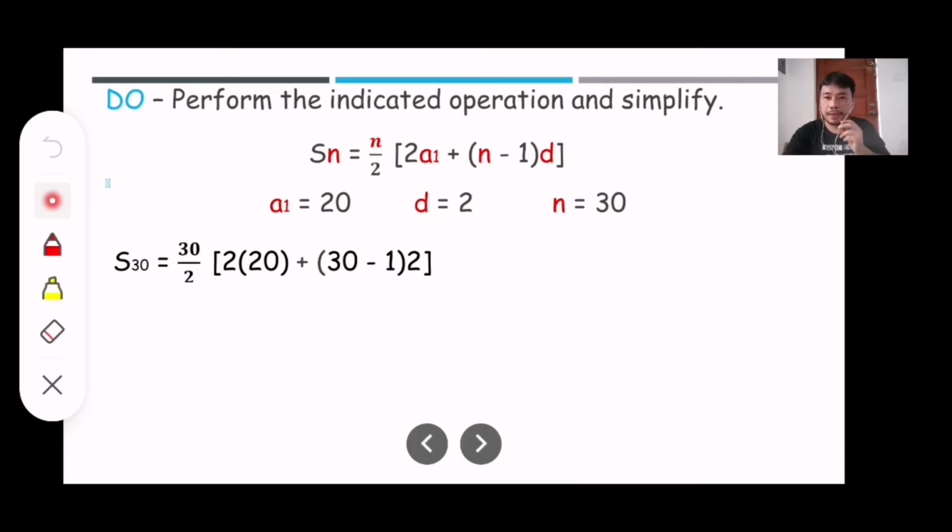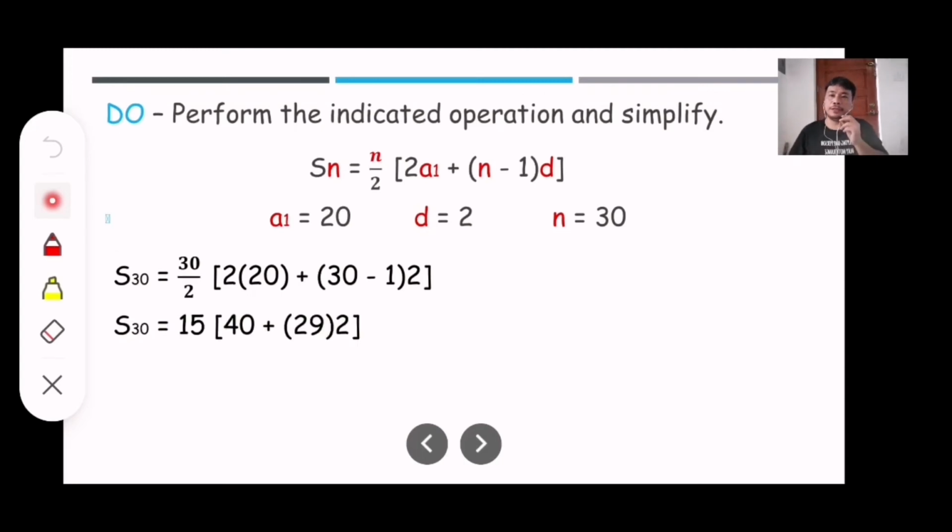Let's try to simplify. So you will see here in the second equation, we already divide 30 divided by 2, that is 15. 20 times 2 is 40. 30 minus 1 is 29. You'll just have to bring down 2.